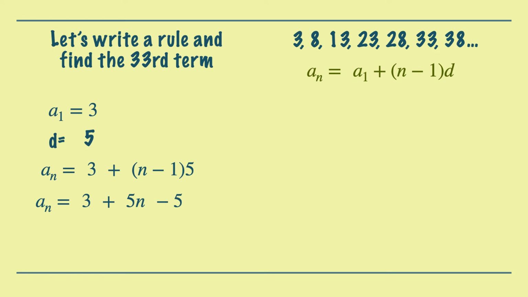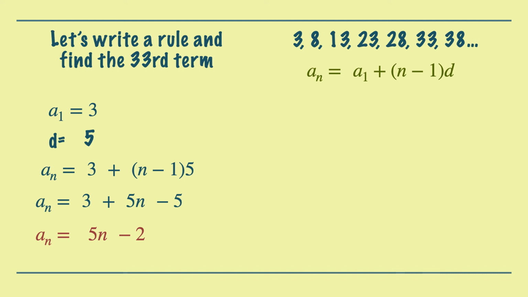I'm still not done because now I can combine like terms. And when I do that, I get a sub n is equal to 5n minus 2. And that is my rule for an arithmetic sequence. A sub n equals 5n minus 2.